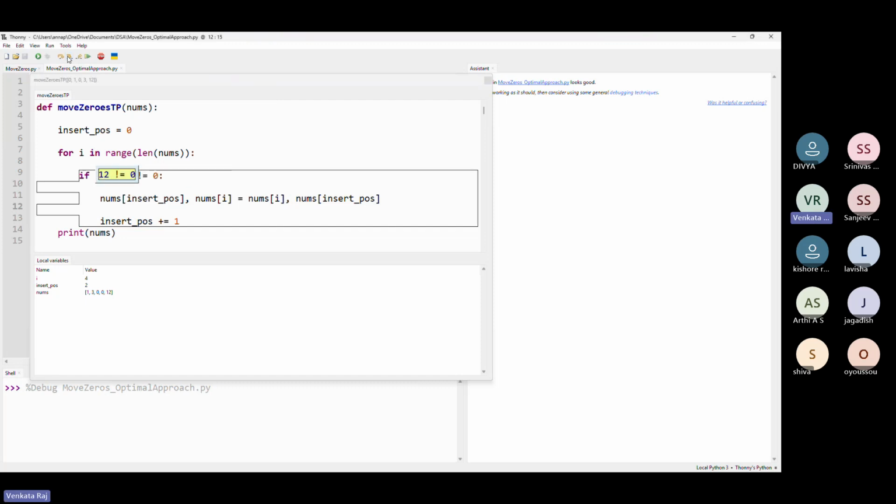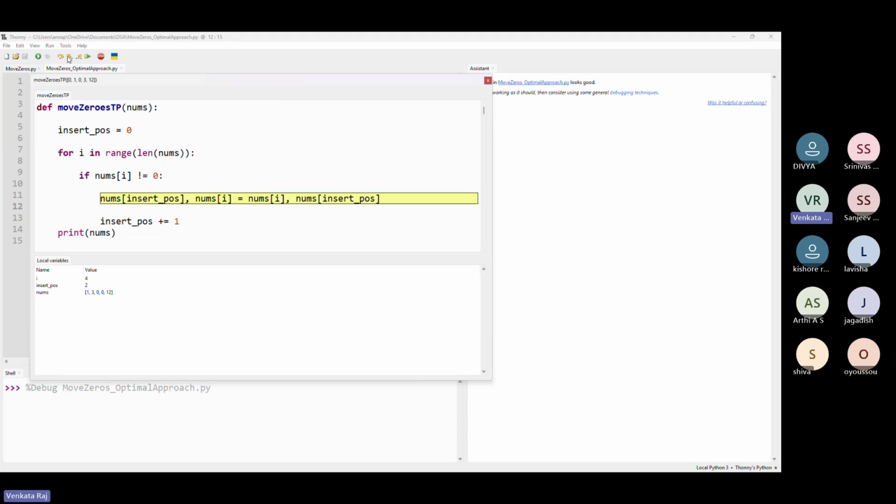And it is also true. Now we will be swapping 12. The last time, the insert position was taking care of the second position, and it got incremented to 2. The second position is 0, so the second position and the 2 are interchanged, swapped.